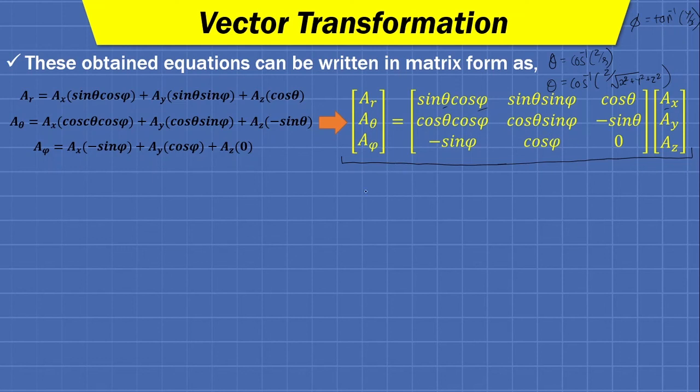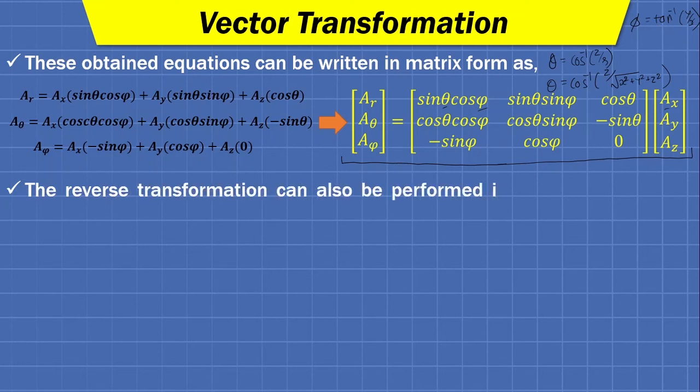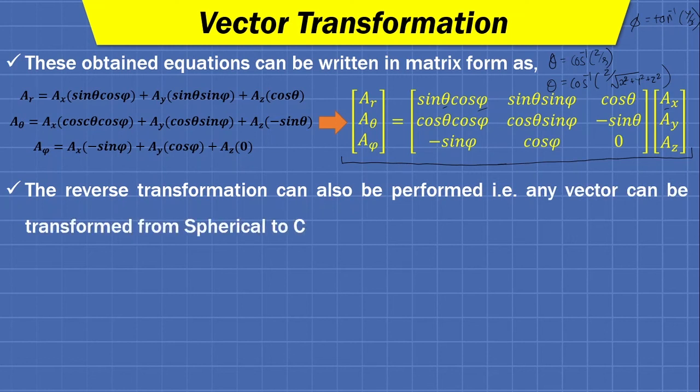Okay, now the reverse transformation: the values of A_r, A theta and A phi are known, and we need to calculate A_x, A_y and A_z. That reverse transformation can also be performed, that is, any vector can be transformed from the spherical to the Cartesian coordinate system.